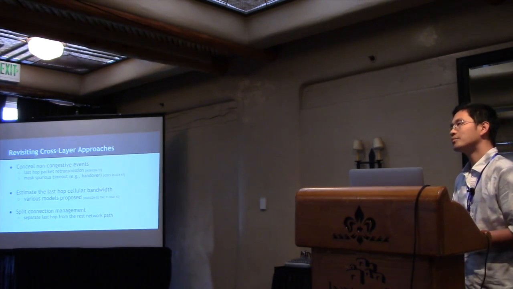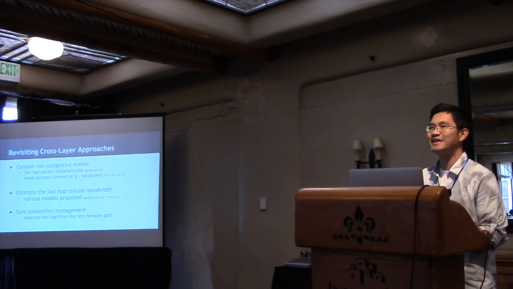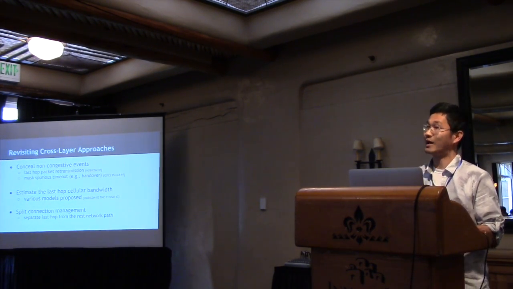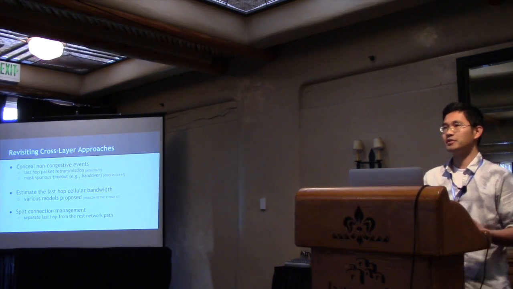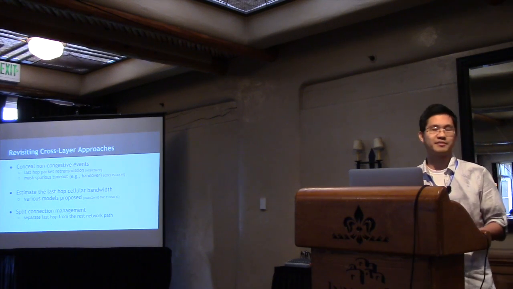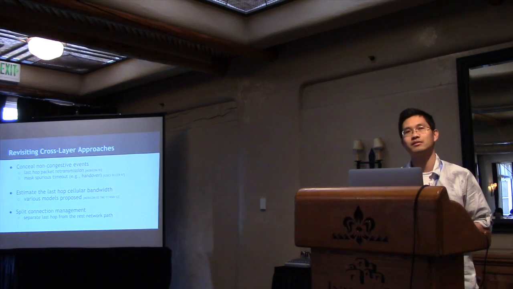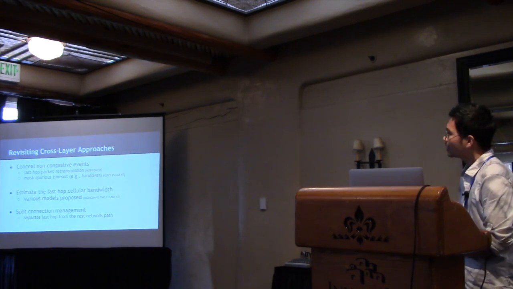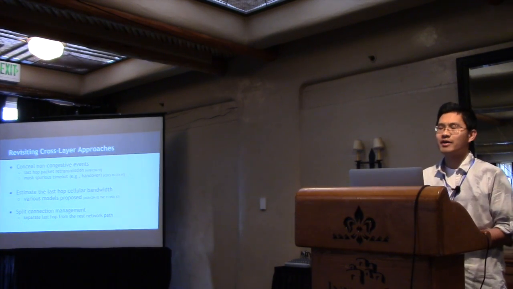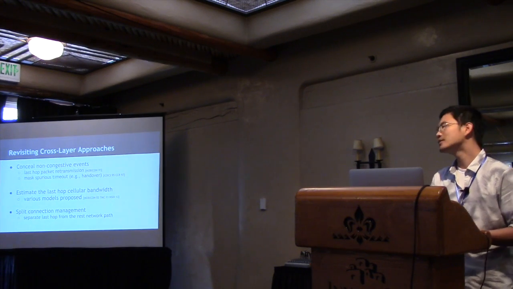In general, we observe that a lot of such work try to split the connection, or at least the management, into two parts. We let TCP handle the wide area segment, and we came up with a lot of interesting mechanisms to handle the cellular link.